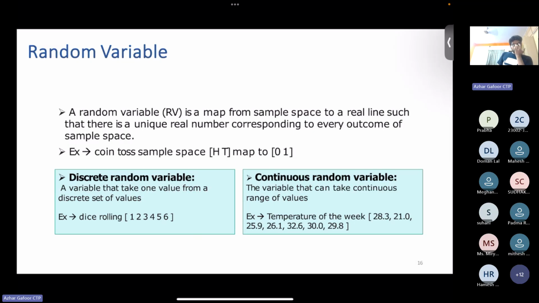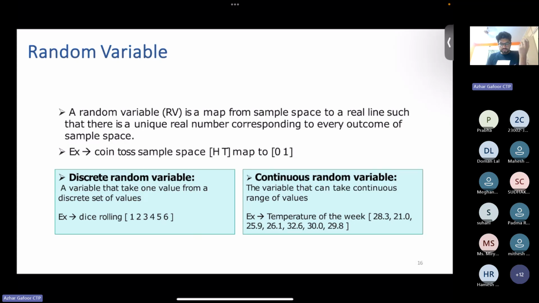Okay, now we have seen different examples like head, tail, 1, 2, 3, in the case of a die and in the case of a coin. So why do we need a random variable? A random variable actually maps a sample space to the real number line.